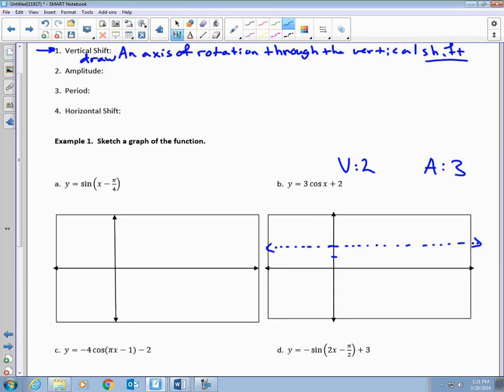And that's what I did. I drew my axis through the vertical shift. The second thing is when I identify my amplitude, I take the vertical shift and I add and subtract the amplitude. And that will give me my max and my min. So I'm going to mark my max and min.